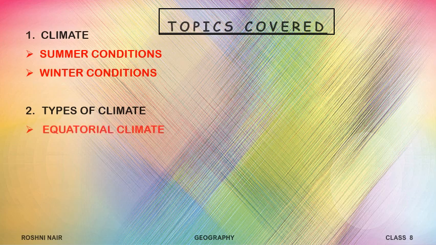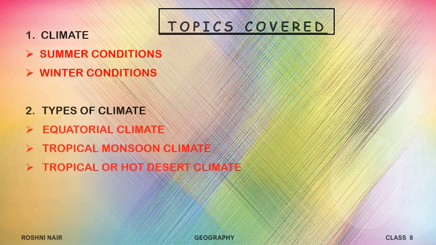Second heading is types of climate. Under this, the main headings which we are going to cover: from page 107, we will be doing equatorial climate. From page number 108, we are going to do tropical monsoon climate.